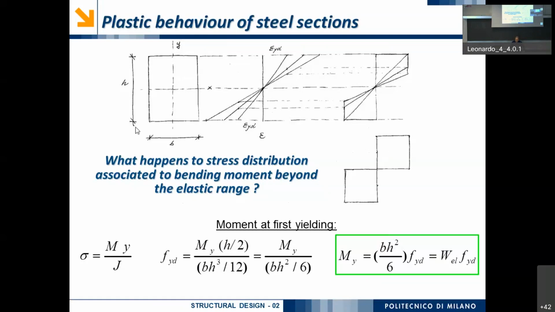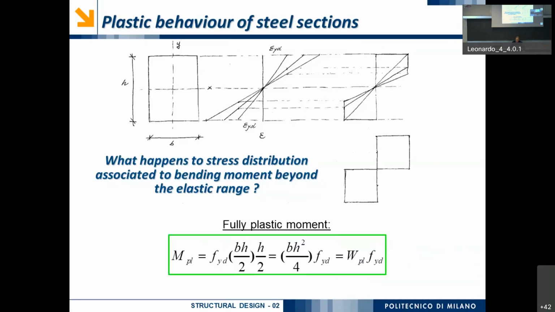Because we know the area of the upper part, which is half the area of the cross-section, okay? And similarly, we know the area of the bottom part, which is half the area of the cross-section. And we know also which is the maximum value of the stress, which is the yielding stress. And so, very easily, we can evaluate the fully plastic moment, okay?